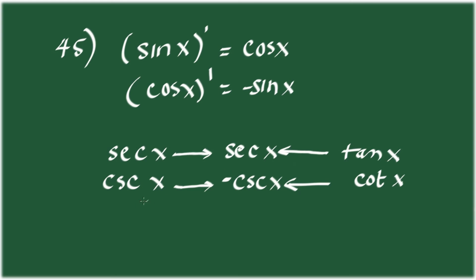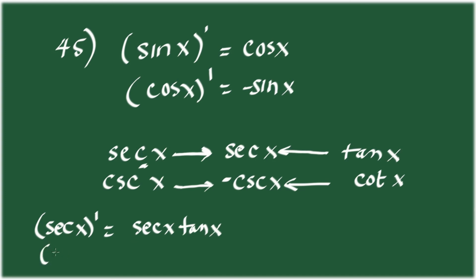Okay, so what is the meaning of this diagram? What it means is, if I'm getting the derivative of secant x, it says here it's pointing where? It's pointing to secant x and tangent x. So the derivative of secant x is secant x tangent x. How about the derivative of cosecant x?